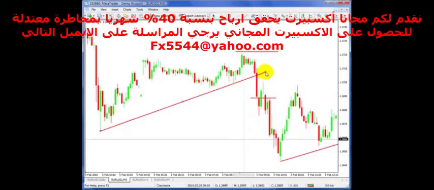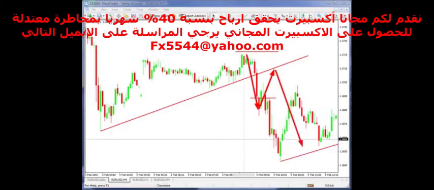Now very often what will happen is after the move through this particular trend line, you will see a retracement to an area of past support or resistance. In this particular case I'll show you in 1 second where that is, or we will see a move to the back of the trend line before we see the move down, okay?